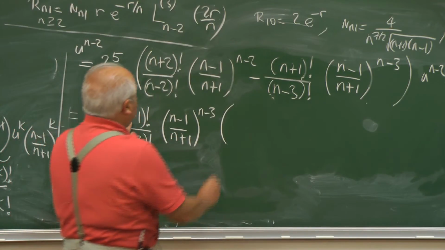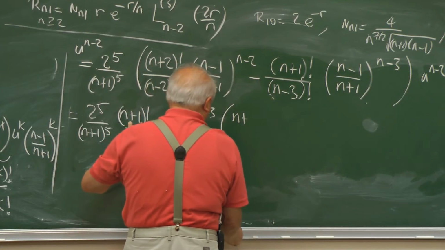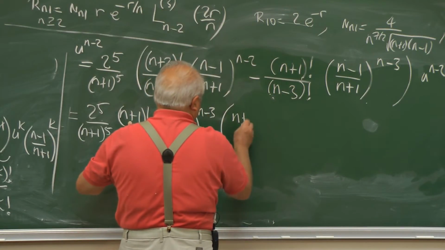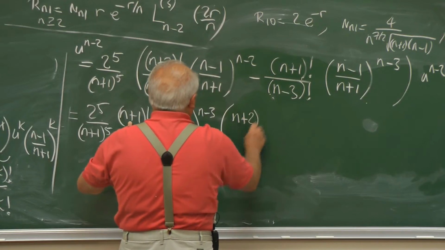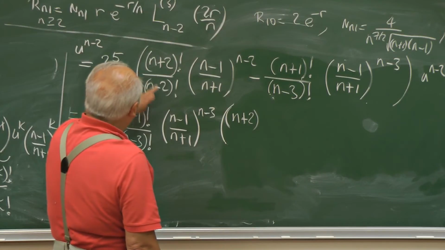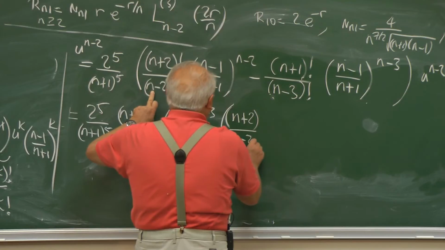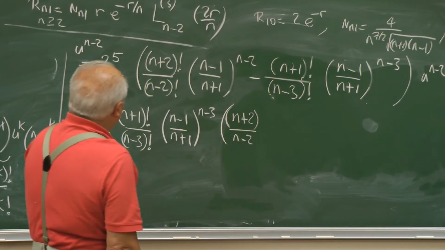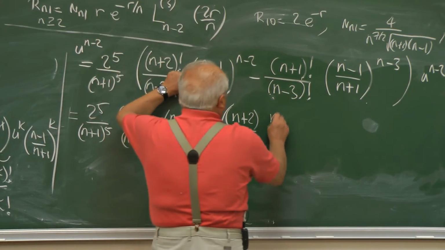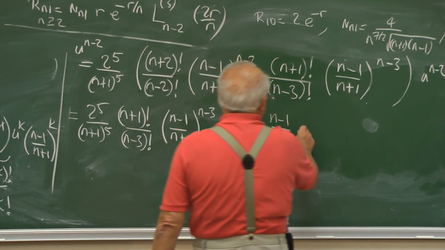Here I have n plus 2, and here I have n minus 2, and here I have n minus 1 over n plus 1, minus 1.